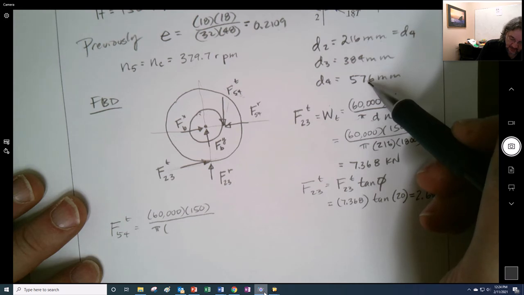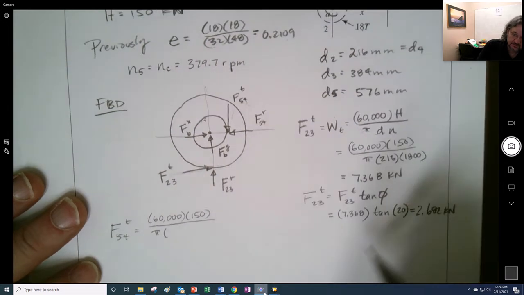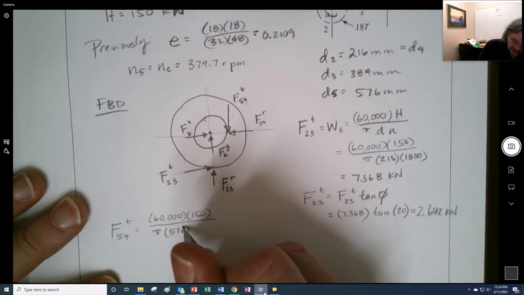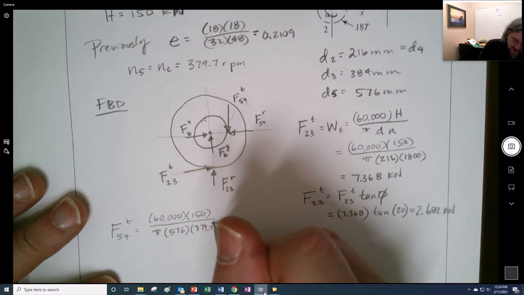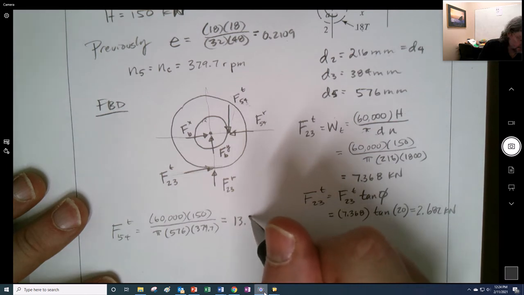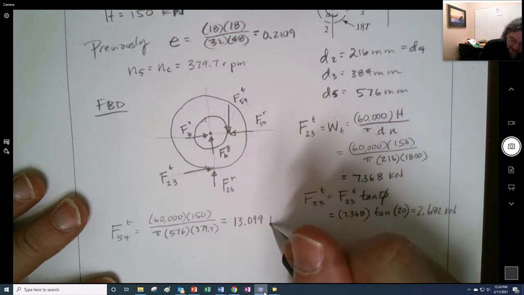Or did I write that wrong? I think there's supposed to be a 5 right up there. Yep, oops. So that's going to be 576, times our 379.7 right here, and what we're going to find is 13.099. Okay, 5 sig figs.